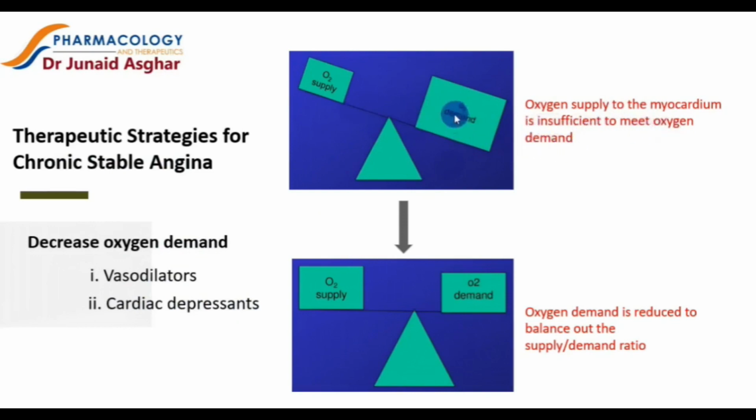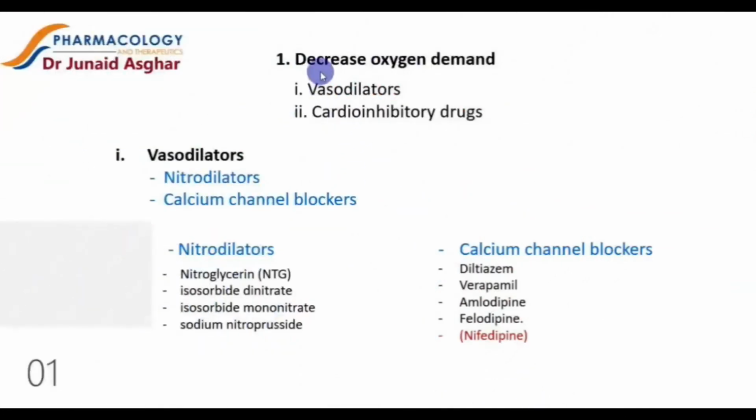So more oxygen demand, less oxygen supply, and when we take these medications, there is an equilibrium. Oxygen demand is reduced to balance out the supply-demand ratio. Let's have a look at the drugs which decrease oxygen demand.